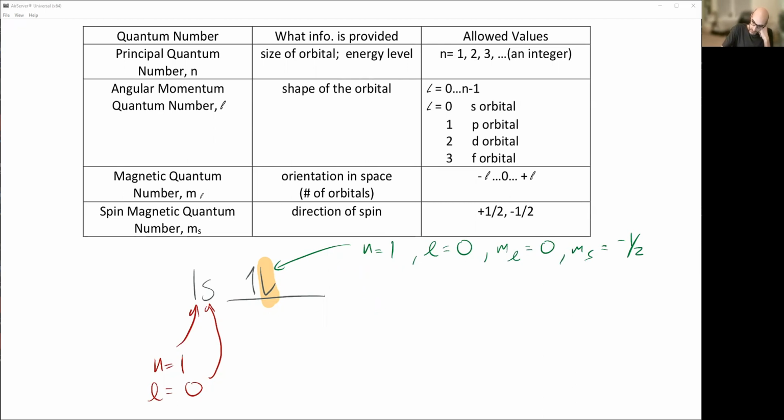What about the other electron? What are the quantum numbers that define this electron? n is equal to 1, L is equal to 0, m sub L is also equal to 0, m sub S is equal to +1/2.